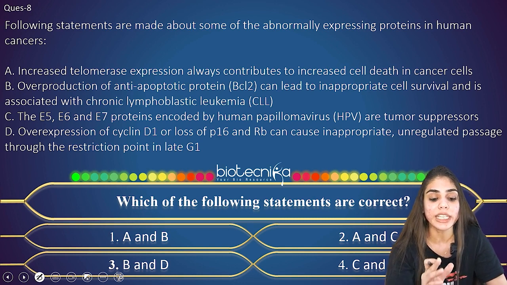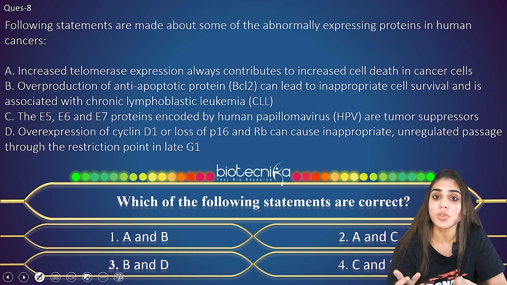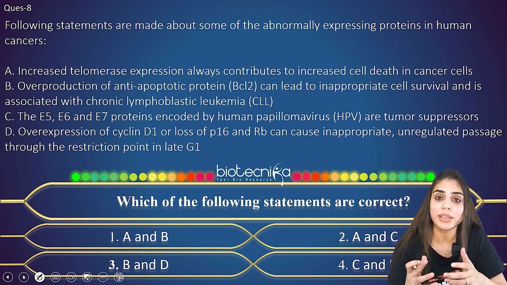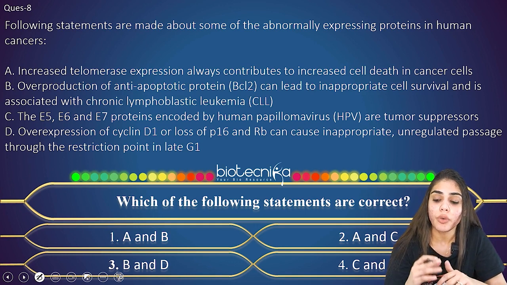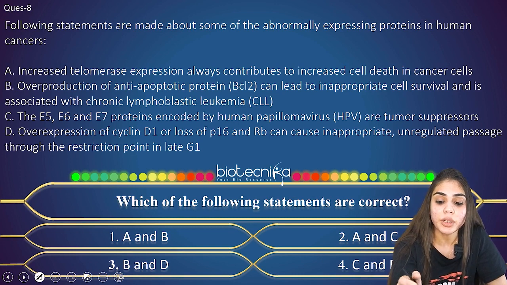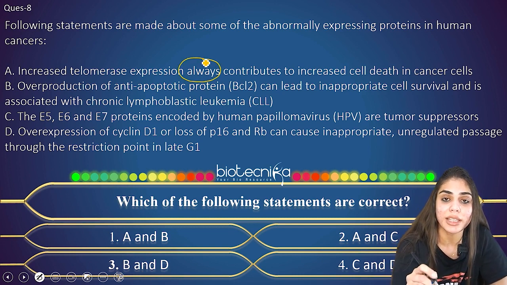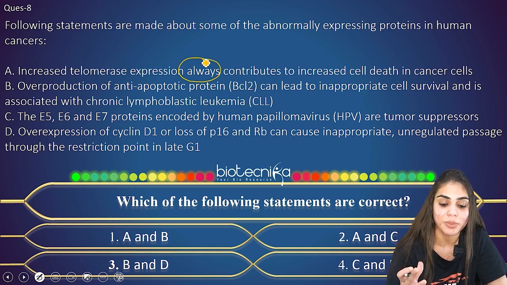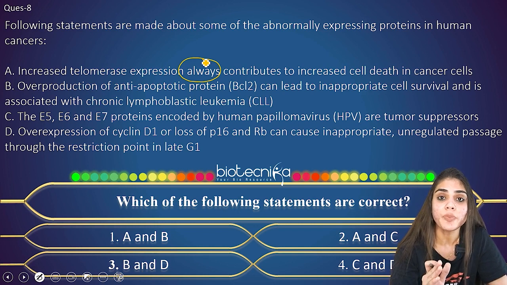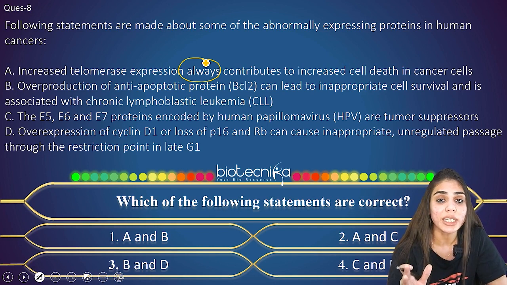But you all know telomerase expression is associated with cancer. How? Because the telomerase enzyme is responsible for long-term cell division. And when there is long-term cell division, obviously there can be cancer. But not always, because according to a recent paper published in NCBI or PubMed, telomerase expression contributes to 85 to 95% of cancers. Not all the time.